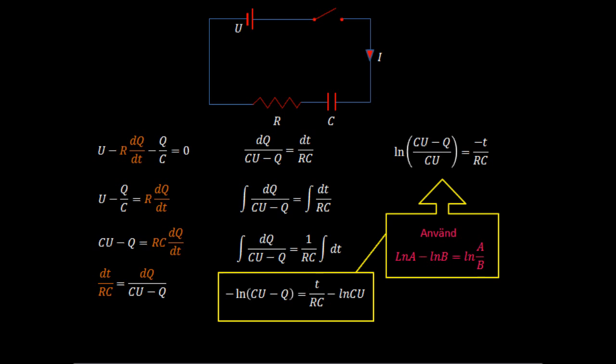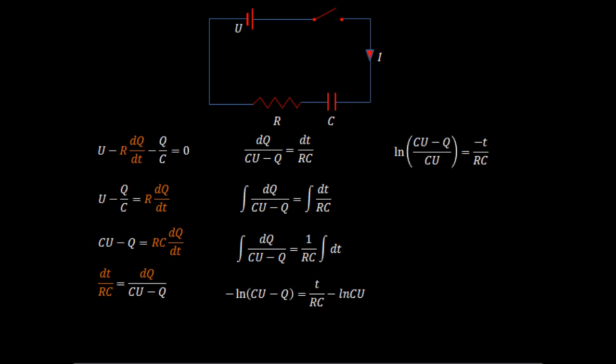Now, once we have that, you may remember that sometimes it's quite nice to use this neat little trick, where we have the ln on the left side here. If I treat this as the power of e, in other words, I'm taking the anti-log of it, then things can clean up quite nicely. So that's what I'm doing here. There we go. We took the anti-log of the left side and the right side, and then we get this.